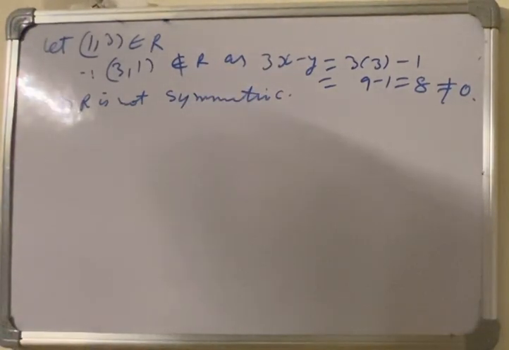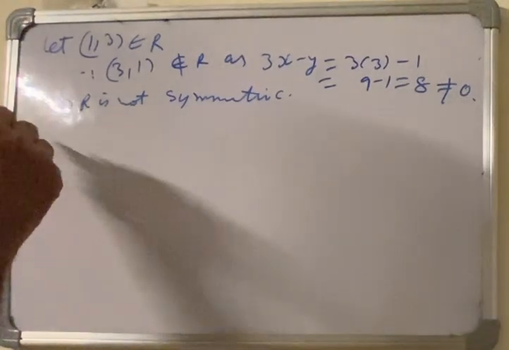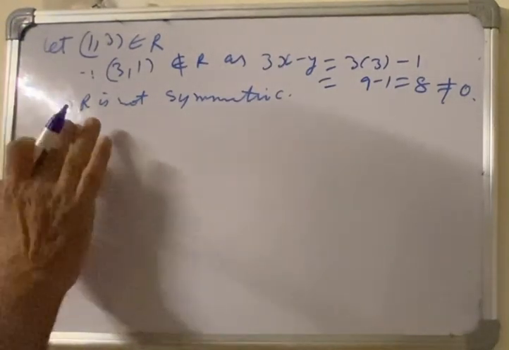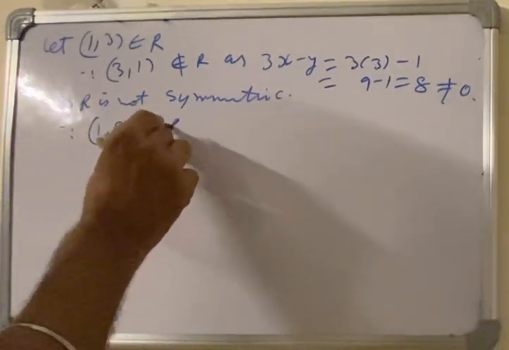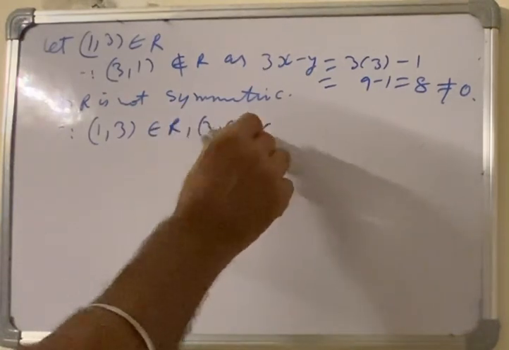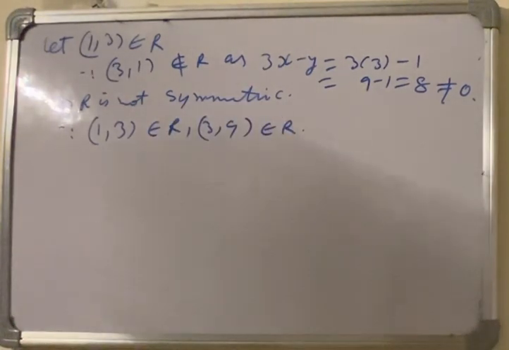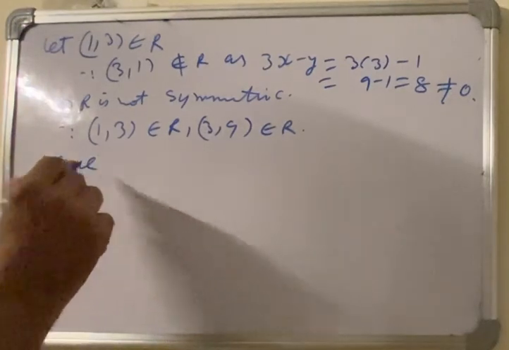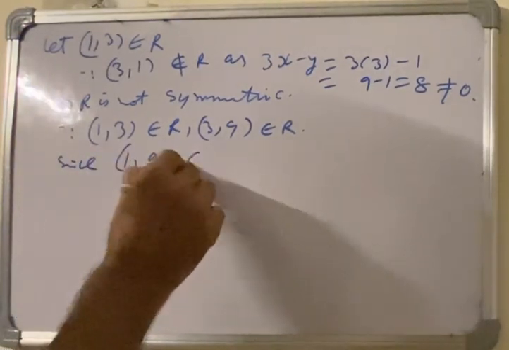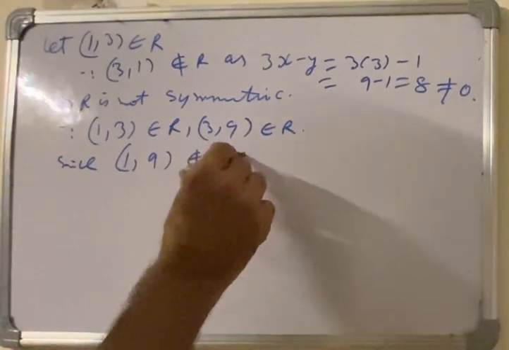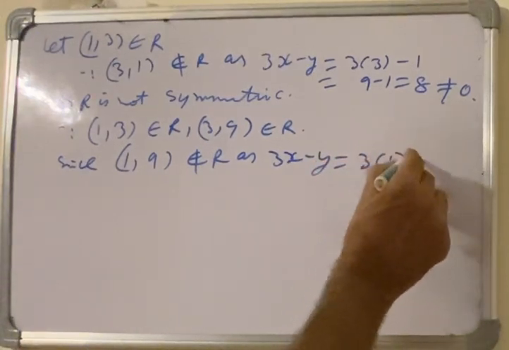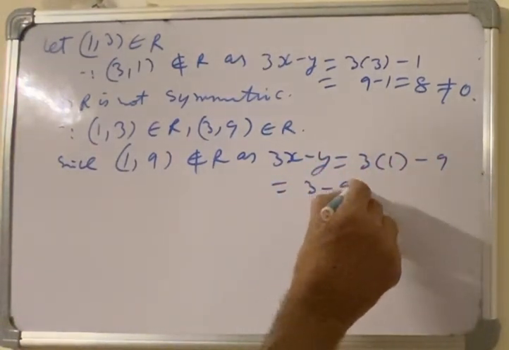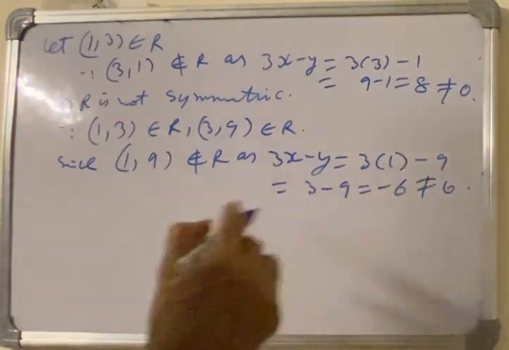Then we take transitivity. Now since (1, 3) belongs to R and (3, 9) belongs to R, but (1, 9) does not belong to R, as 3x minus y is 3 into 1 minus 9, which is 3 minus 9 equal to minus 6, which is not equal to 0.